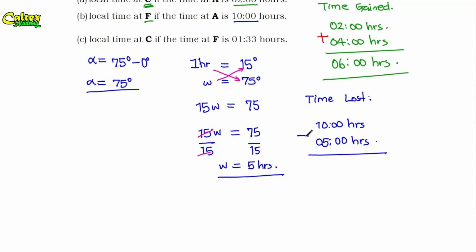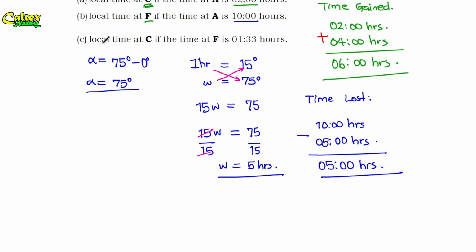So we subtract, and we are left with only 5 hours. You can see that if the time at A is 10 hours, then the time at F is 5 hours, meaning it is already morning hours, and here this is still night. So this is how we calculate when we have a town located in the Western Hemisphere, by simply subtracting.